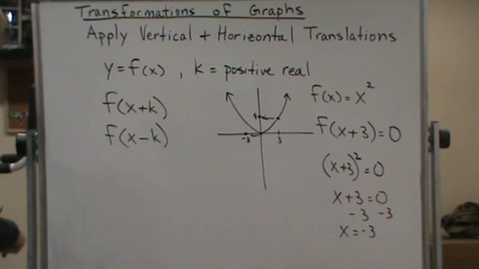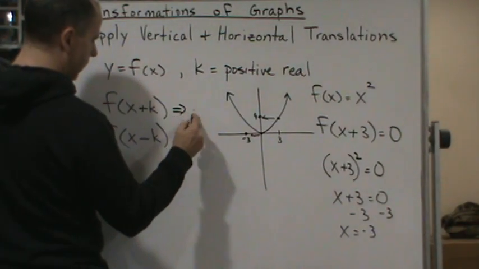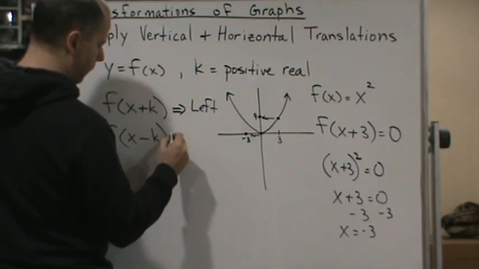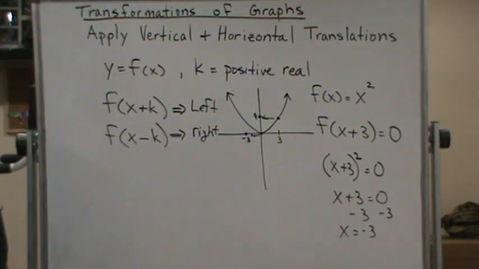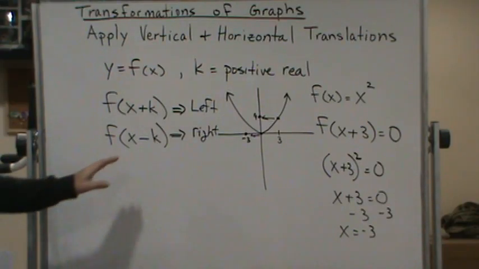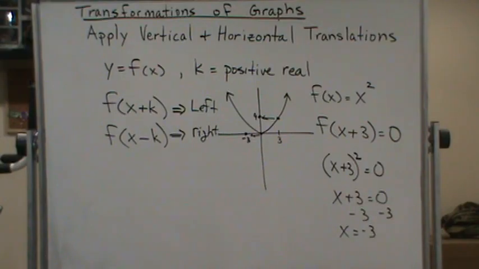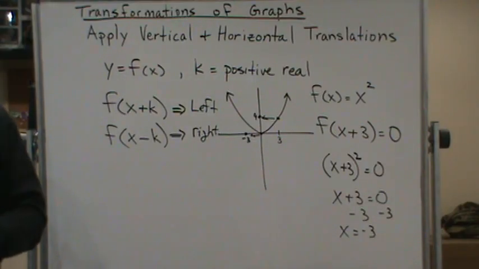So this implies a left shift, and if you subtract, that is a shift to the right. And you're still affecting the x-coordinate, but the result on the graph is the opposite of what you would think.